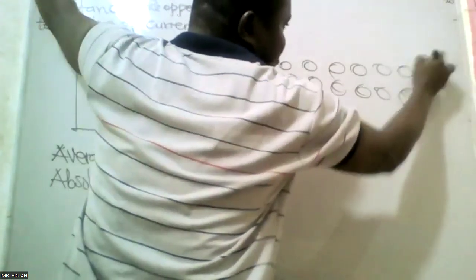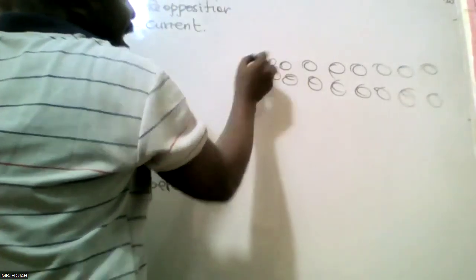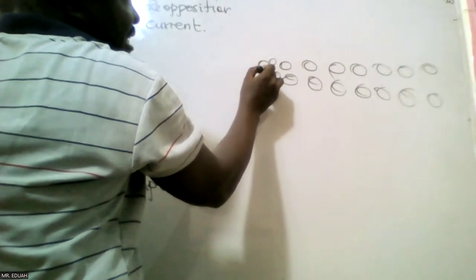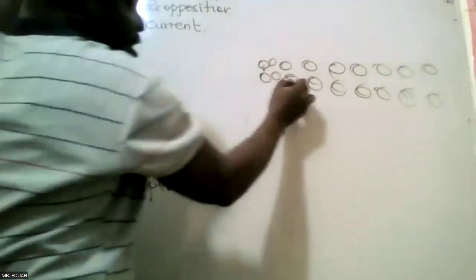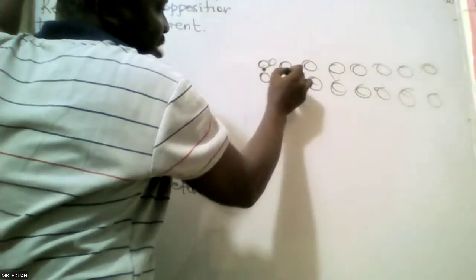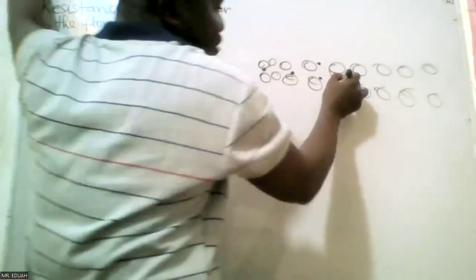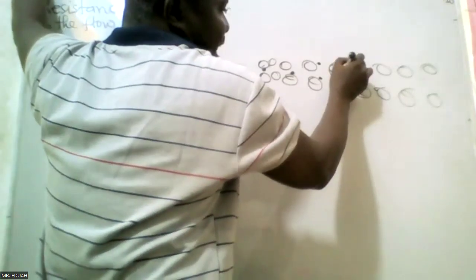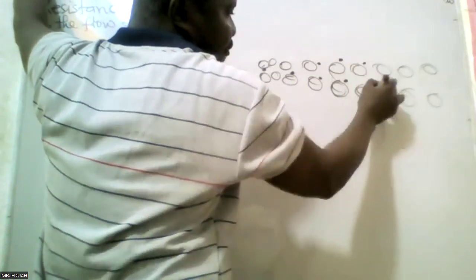So these are atoms, and they are vibrating. Around each atom, there are free electrons that are being pushed. So let's indicate this to be 1, 2, 3. Every atom has a mobile electron, a free electron that can be pushed.